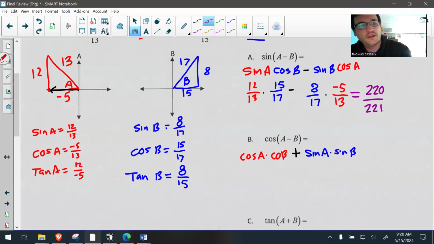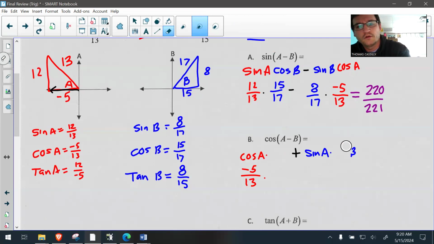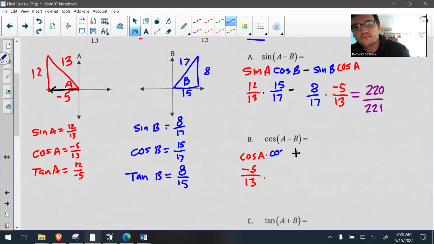Right, now let's punch it all in. Cosine of A is -5/13. Cosine of B, which I spelled wrong and did the wrong color for. Cosine of A times the cosine of B. The cosine of B is 15/17.